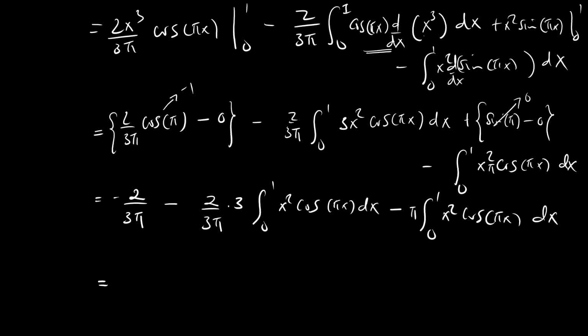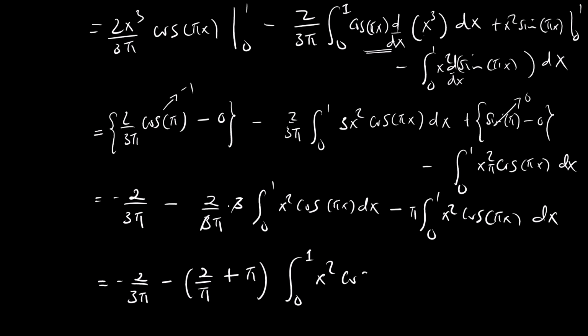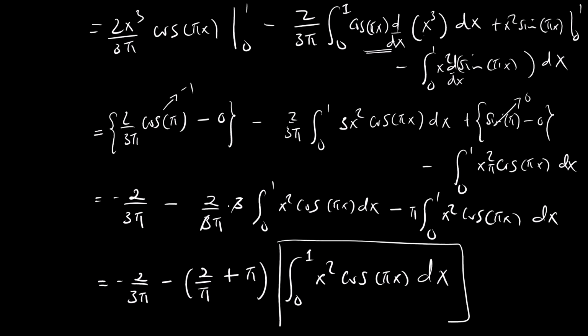And so we now have negative 2 over 3 pi, negative, this 3 and 3 cancel, so we have 2 over pi plus the integral of x squared cosine of pi x. So now our focus can just be on this integral here, and then we can proceed from there.